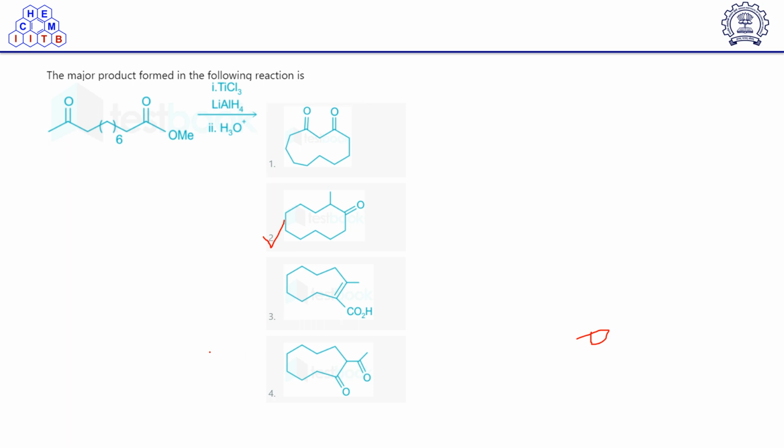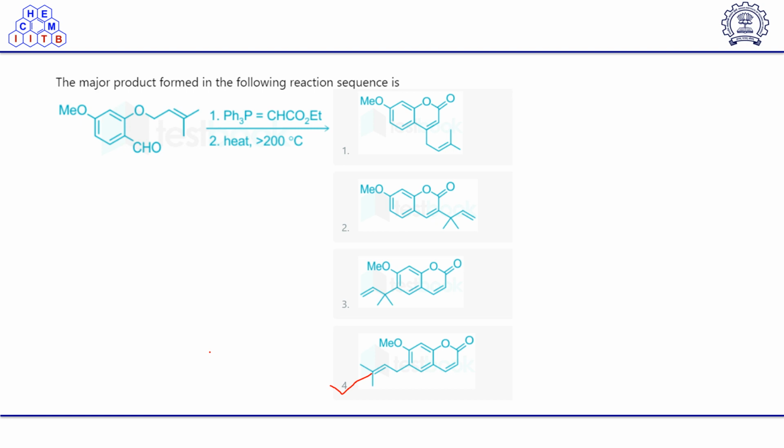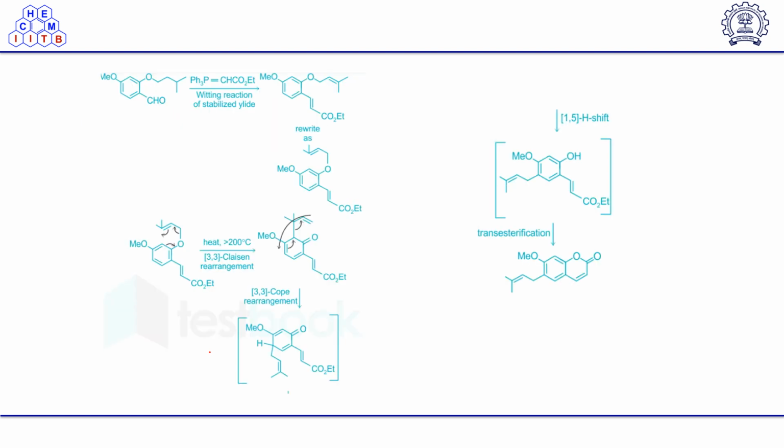Then we saw the mechanism for McMurry coupling and how this reaction is going on to get the desired product 2. Then we saw this: it is Wittig reaction followed by Claisen rearrangement and Cope rearrangement, then transesterification giving this compound 4. This is the mechanism of that.